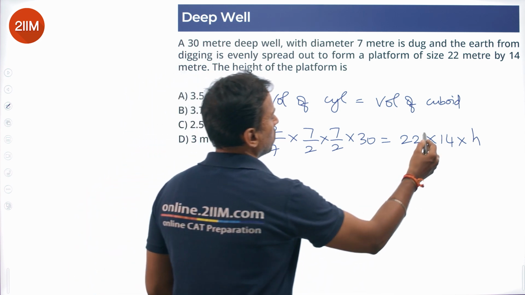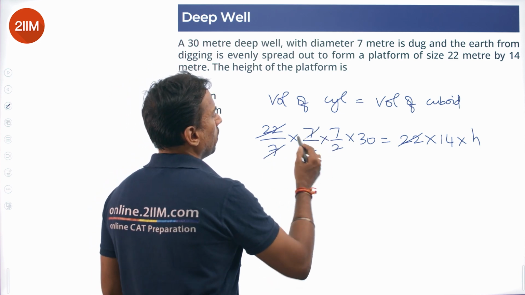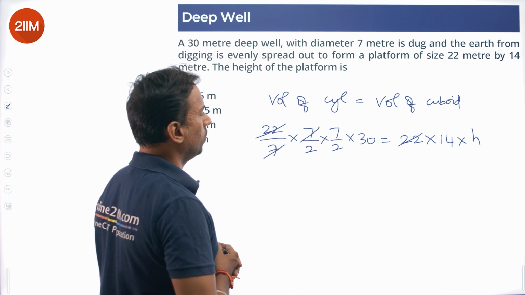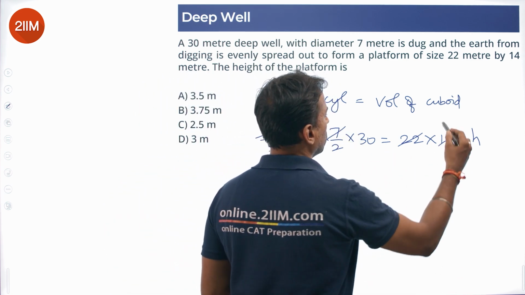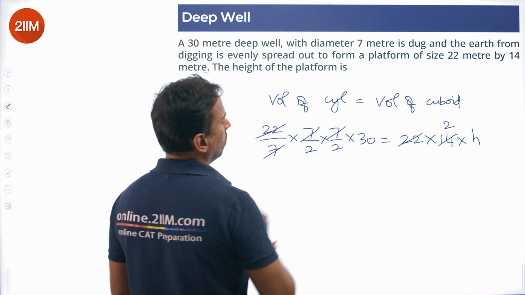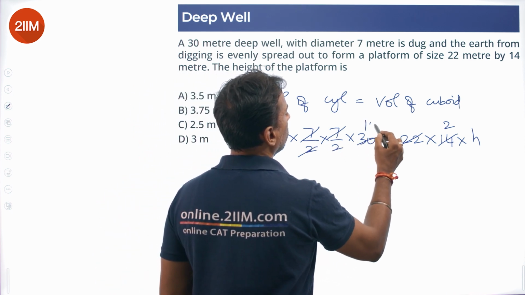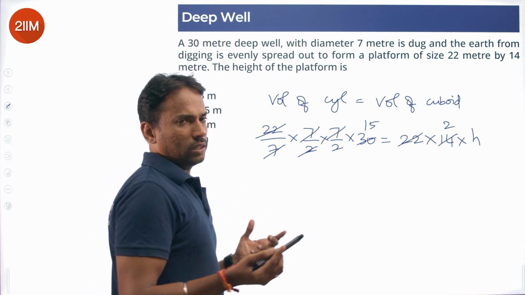First and foremost, I can cut the 22s on both sides. 7 can be cut. Then we have this 7 and this 14, which is exactly 2 times. And then we have this 2 and 30, 15 times. That's all. No other things could be cancelled.